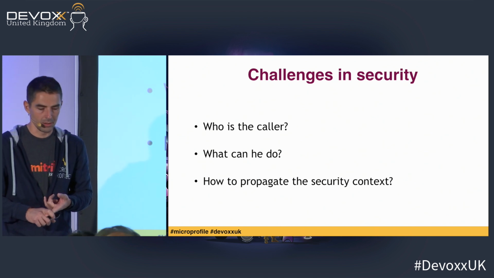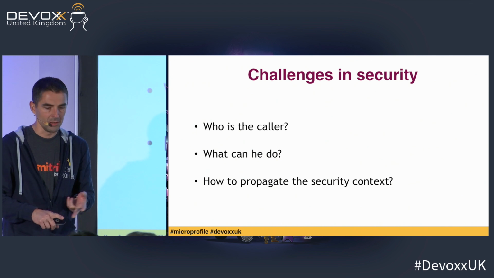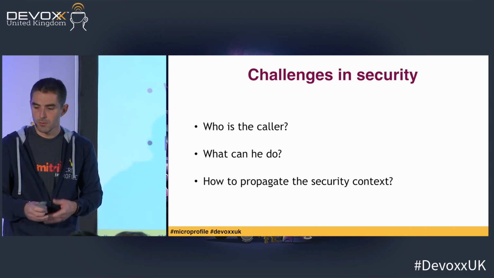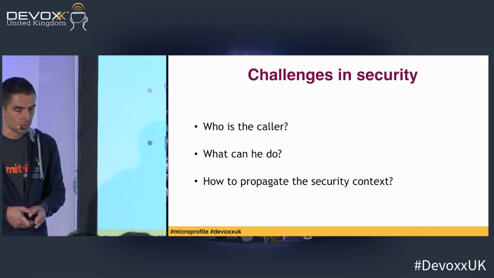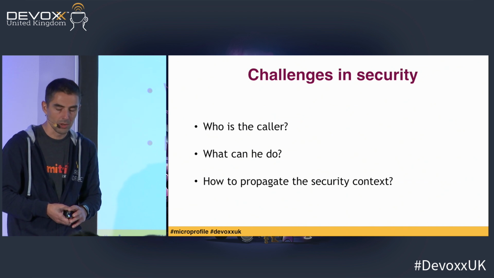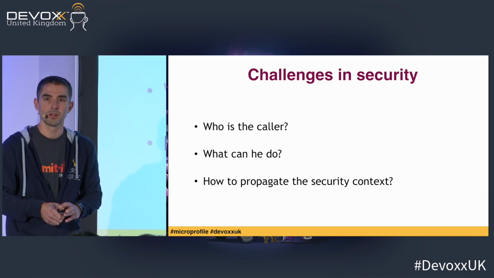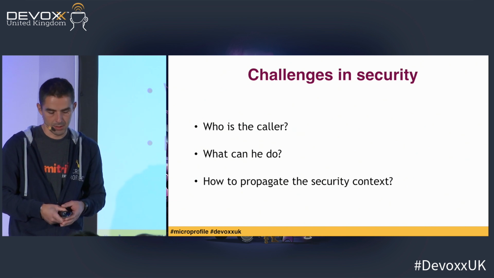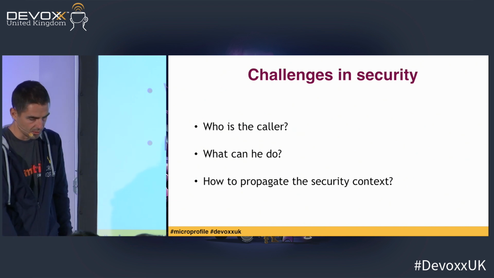Can he call the create method? Can he delete profiles whatsoever? And when you are in the microservices world, you have the network in the middle, so you need some way to propagate your security context across all the calls, so you can track what the user is doing.